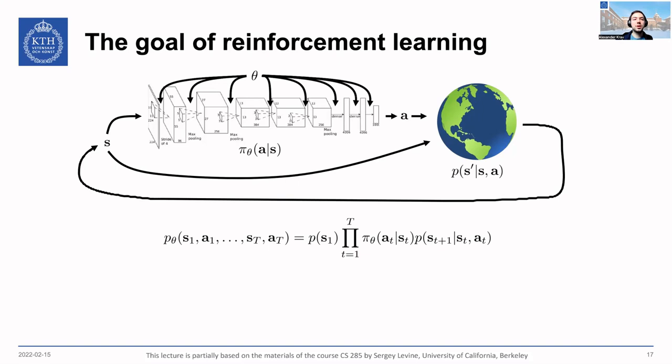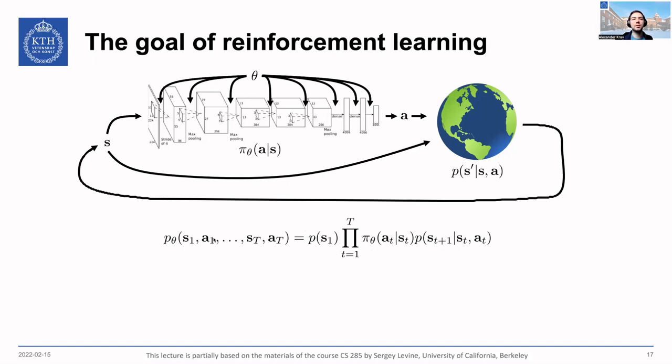So here, having the trajectory, let's define the probability that we attain this trajectory in t steps. By the simple probability chain rule, it will be the probability of having the first state, p(s1), and then the sequence of actions.